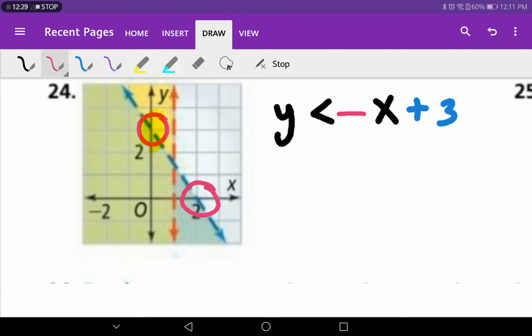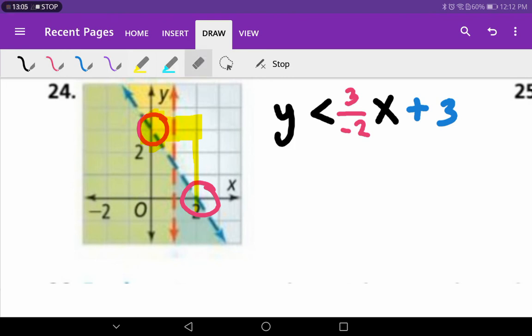Now I will move up 1, 2, 3 steps up, so it is positive, and 1, 2 to the left means minus, -2. We are done. So y is less than 3 over -2.